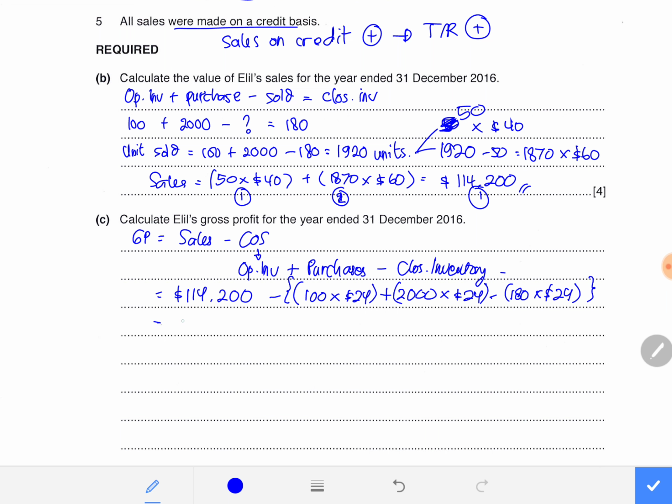So 114,200 minus the total of all of it, 46,080, is equal to 68,120. That's the answer.